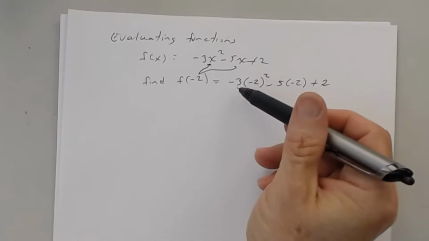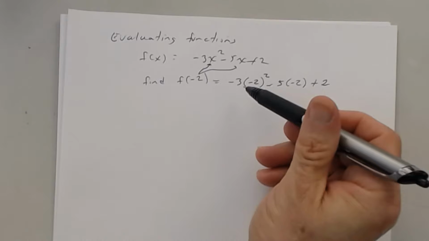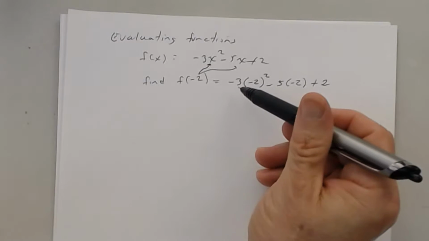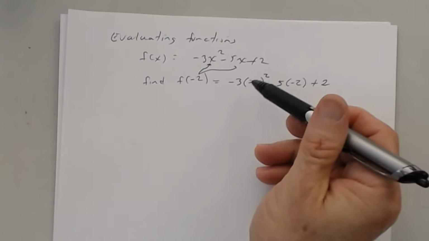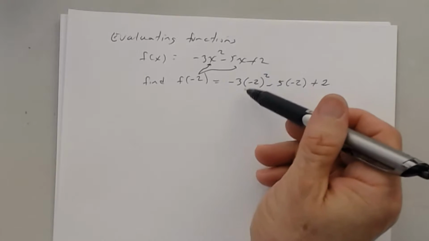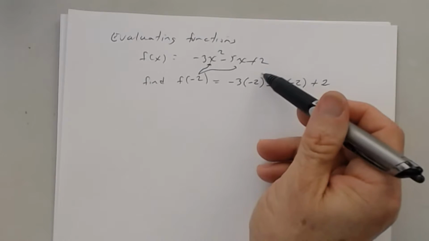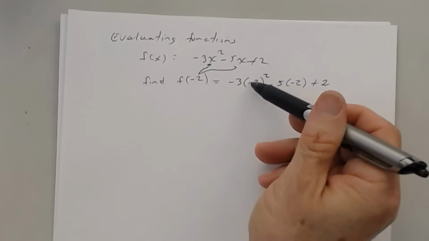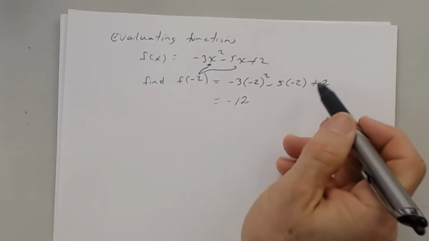Now, don't make a mistake, and some of you are going to do this because you're not very careful. You're going to say negative 3 times negative 2 is 6, and then you're going to square that. That's not true. You have to square the negative 2 first, and then multiply. So that's 4. 4 times negative 3 is negative 12.